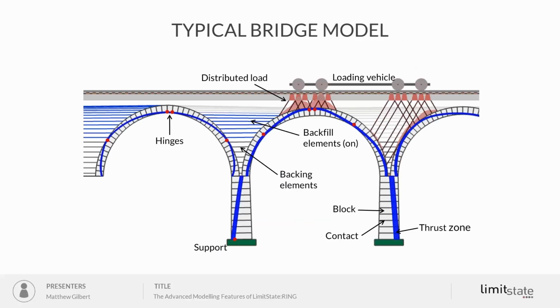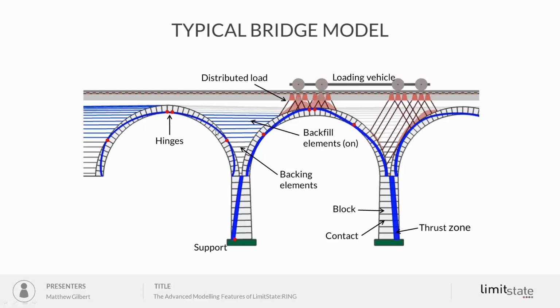This comes up on the image that you can now see on screen. We've got a multi-span bridge, and you can see backfill elements that are mobilized in a couple of regions in this case. You can also see a thrust line, or strictly speaking a thrust zone, where the thickness of that line reflects the amount of material needed to support that thrust force.